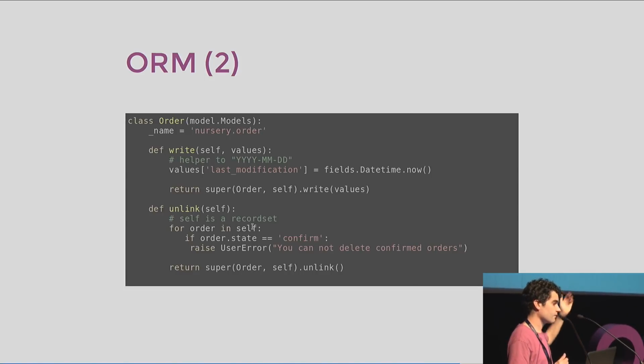Maybe self contains only one, but maybe it contains 2, 3, 4 records. So here, for order in self, I access the value of my field state. This is done very easily with order.state. If I want to access the name, order.name, order.last modification. I check if it is confirmed, then I raise an error: you cannot delete a confirmed order. If not, I delete my record.